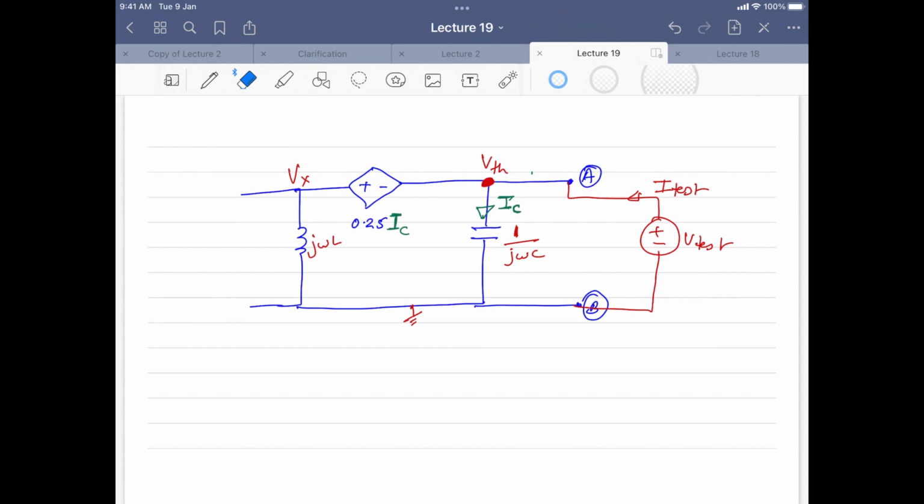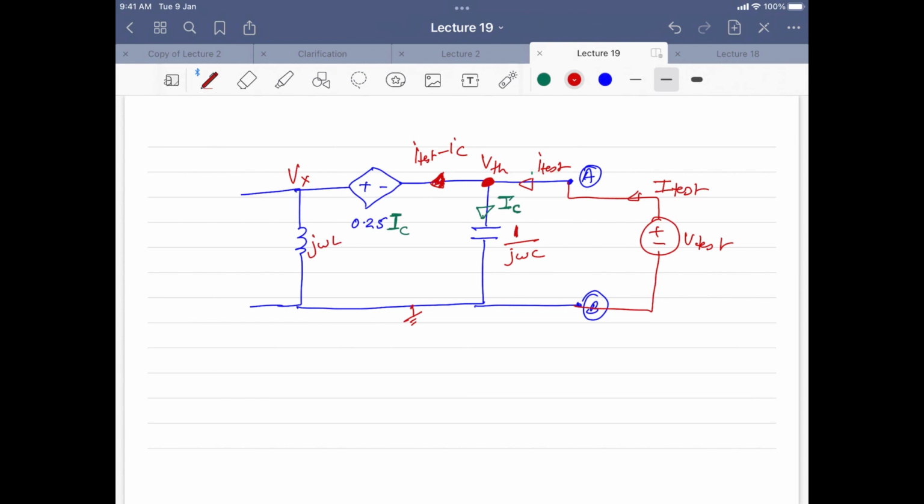Yes, sir. Okay, so now this is very simple, right? You can do this type of circuit or not. So this is I test, and this already is IC. So what will this be? This is I test minus IC, right?